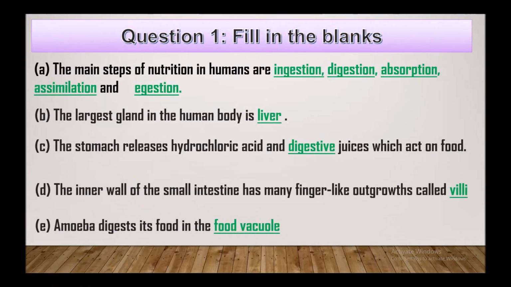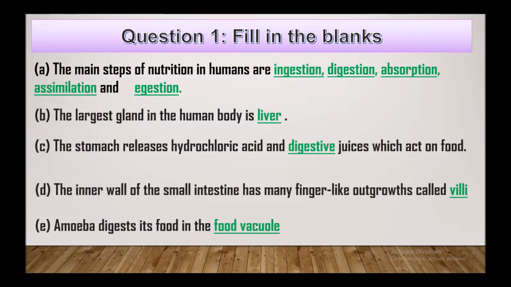Let's see question 1 of the textbook, that is fill in the blanks. The main steps of nutrition in humans are ingestion, digestion, absorption, assimilation and egestion. These are the main steps of nutrition in humans. The largest gland in the human body is liver.